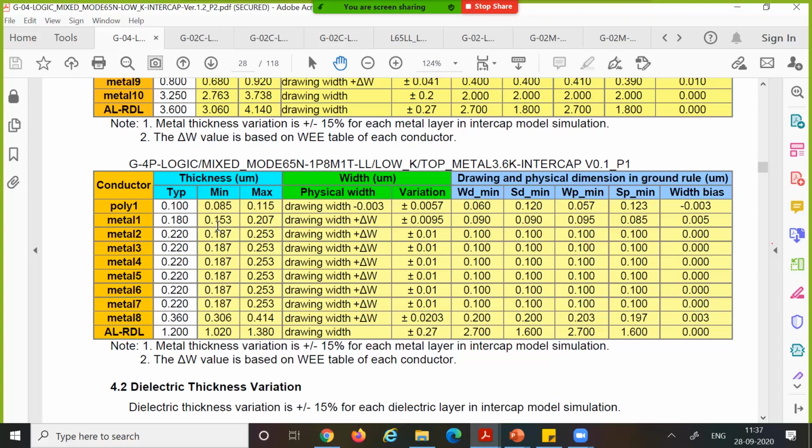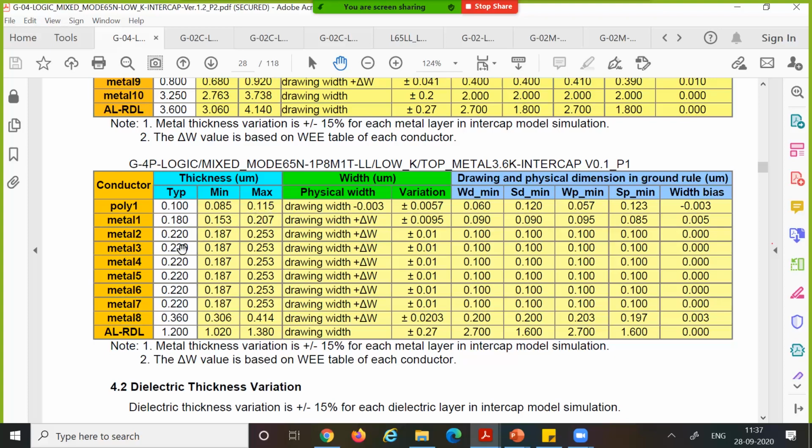It can vary from 0.153 to 0.207. Everything in a chip will have a wide variation. You can never say the thickness is exactly this much. You really don't know how much it is. All you know is that statistically it will be somewhere between this min and max.